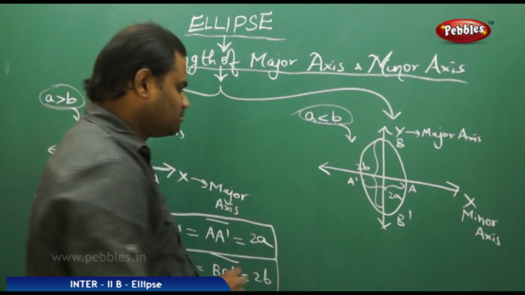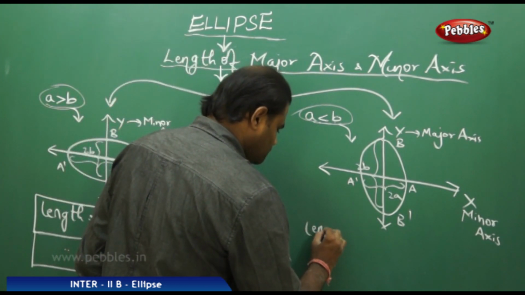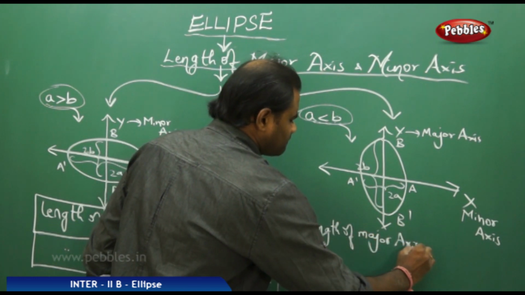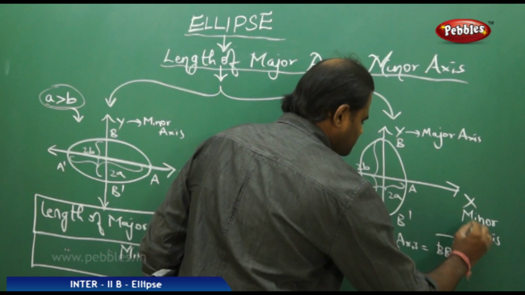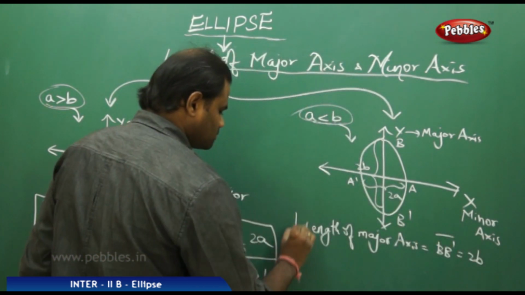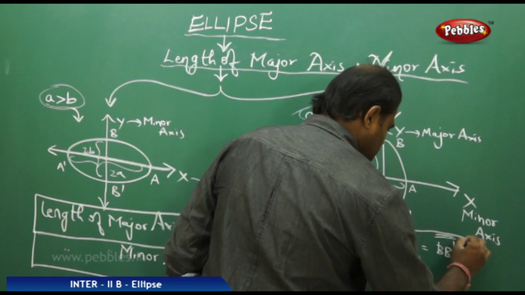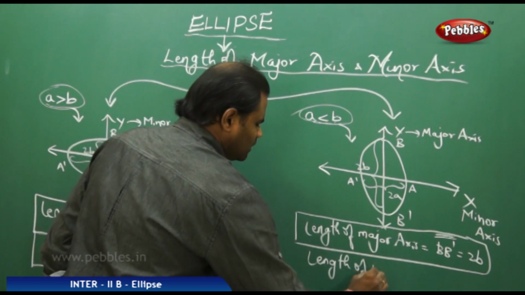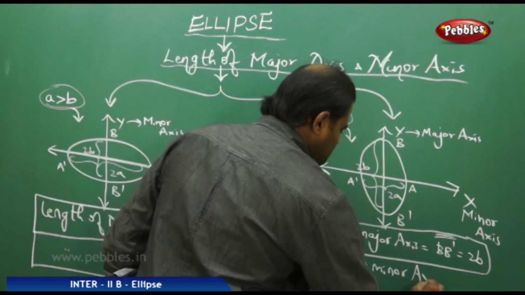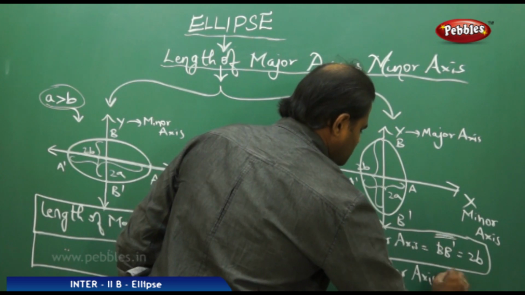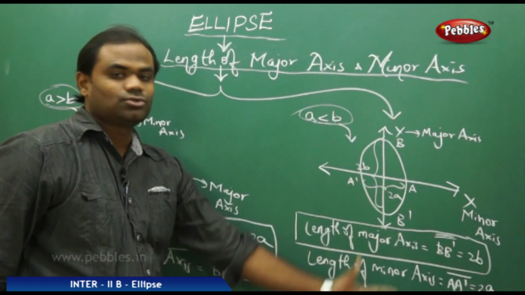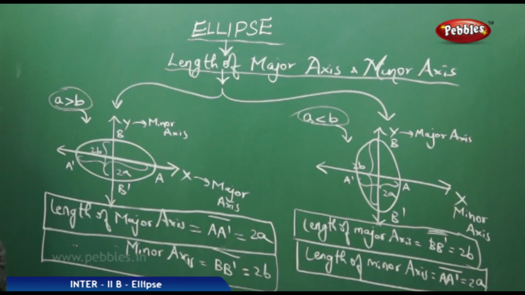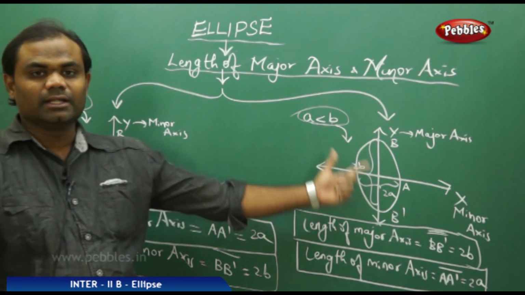Clearly I can see my length of major axis is bb dash, which is 2b, and my length of minor axis, which is a dash, is 2a. This is how the whole of the concepts change with a greater than b and a less than b.